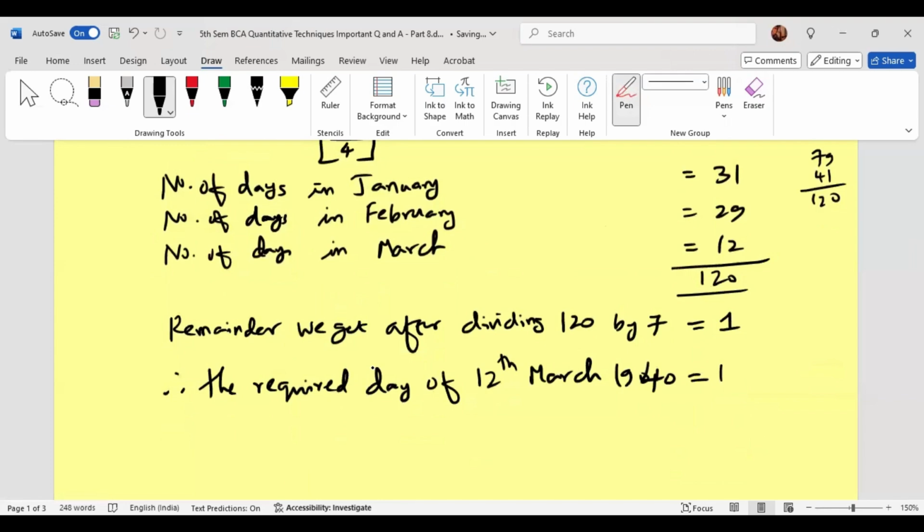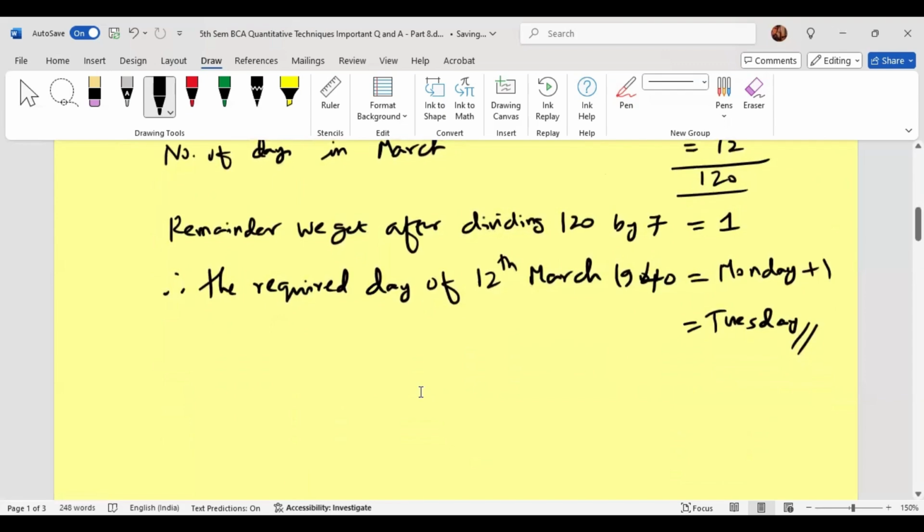So Monday plus 1, we get Tuesday. One day we are adding on Monday, which is Tuesday. So that will be the solution for this particular question.